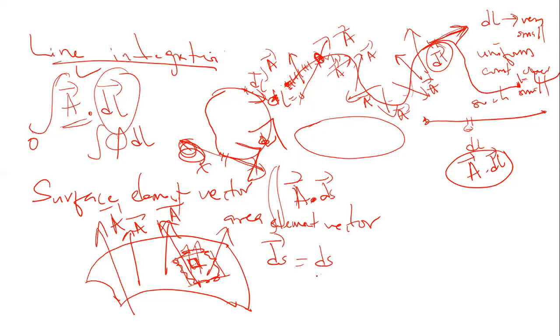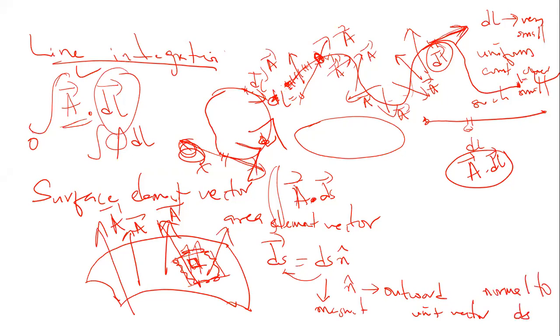Ds is the magnitude of this area vector, simply the infinitesimally small area magnitude. And we consider unit vector n cap. N cap here is what we call the outward unit vector, outward unit vector normal to ds.